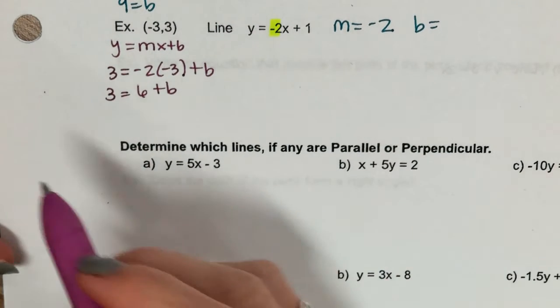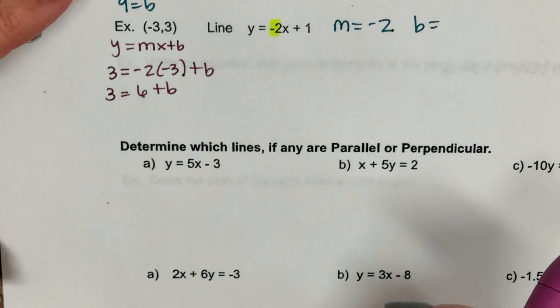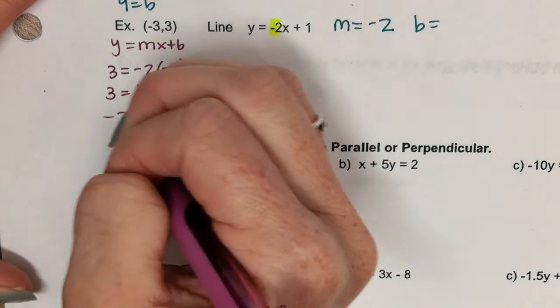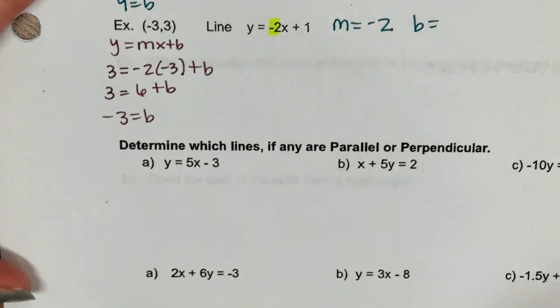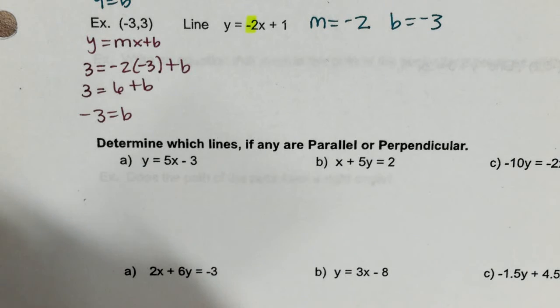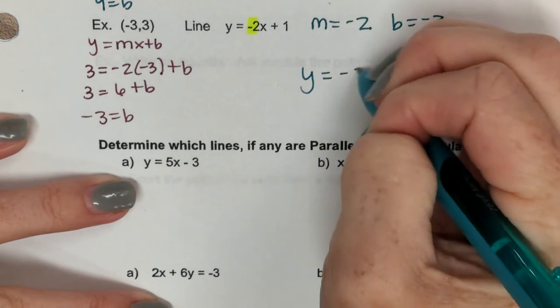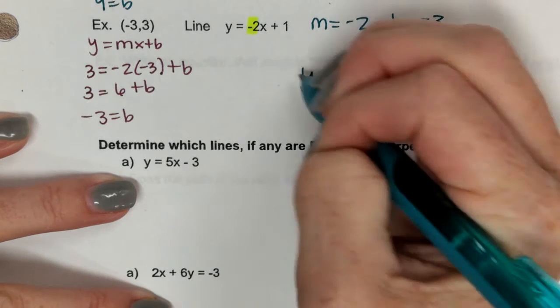If I subtract 6 from both sides, what is 3 minus 6? So I have negative 3 equals b. I now have an m and a b of a parallel line that I can write an equation for. So my equation is going to be y equals negative 2x minus 3.